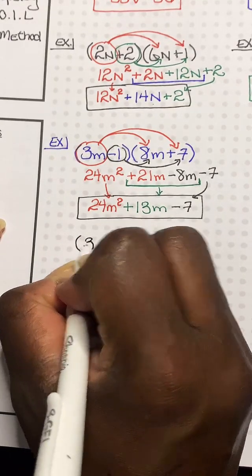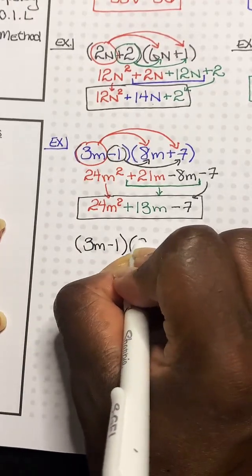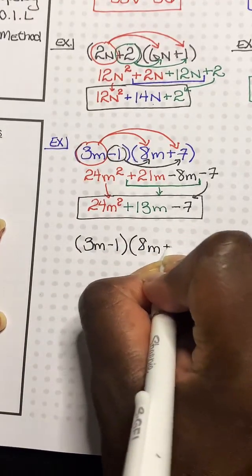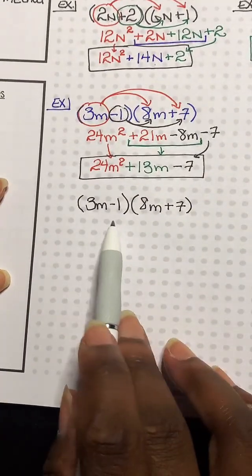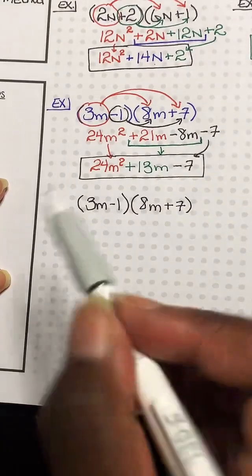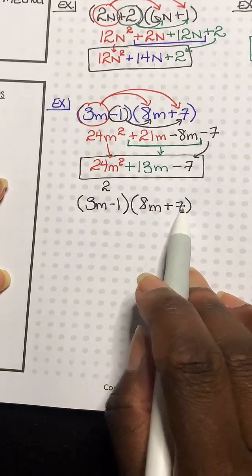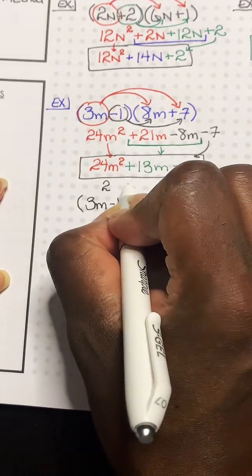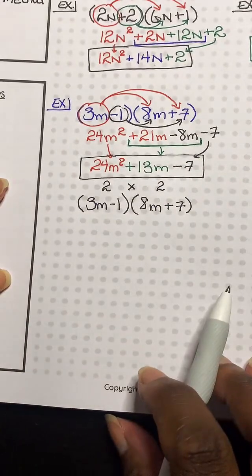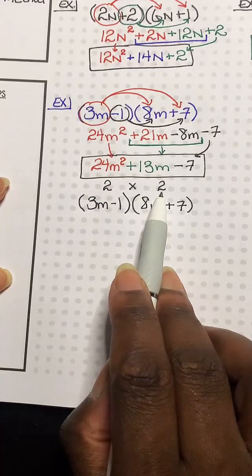So we had 3m minus 1 and 8m plus 7. We have a binomial, so that's two terms, and we have another binomial, that's two terms. That's telling me if I'm going to do the box method, I need to do a 2 by 2 box.